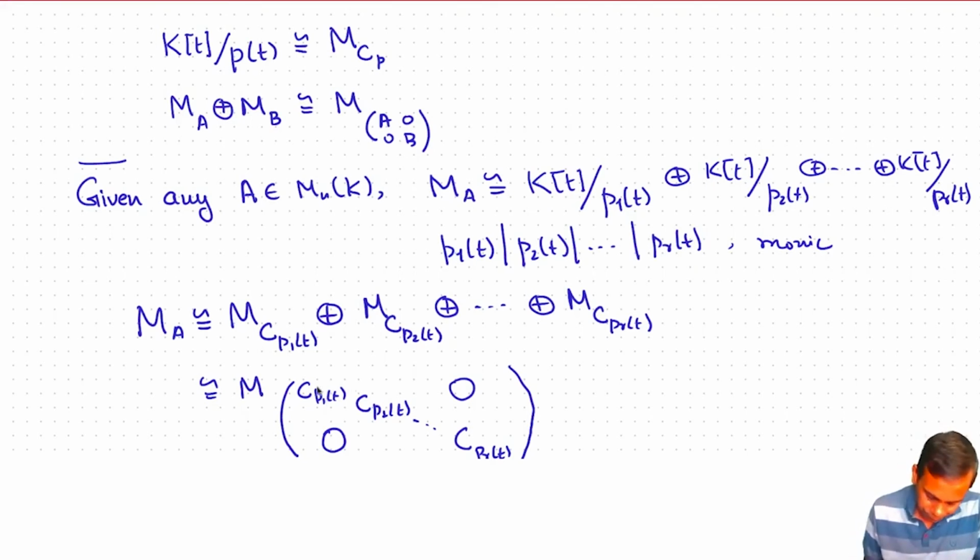So this form is also going to be uniquely determined by the matrix A. So what we have proved is the existence and uniqueness of a rational canonical form.